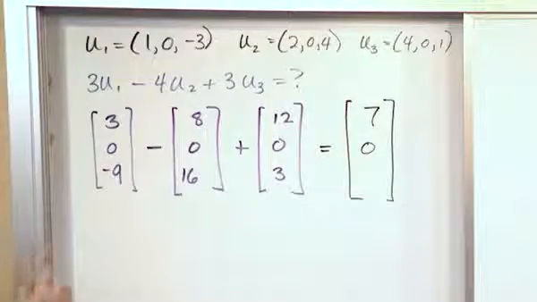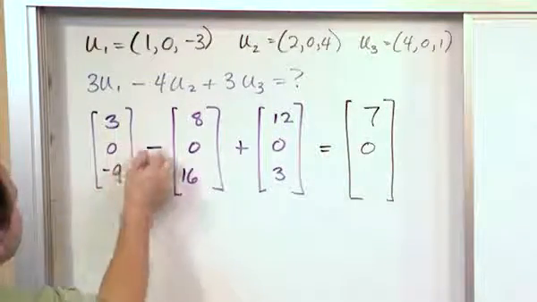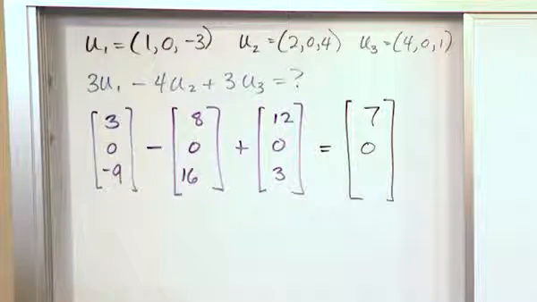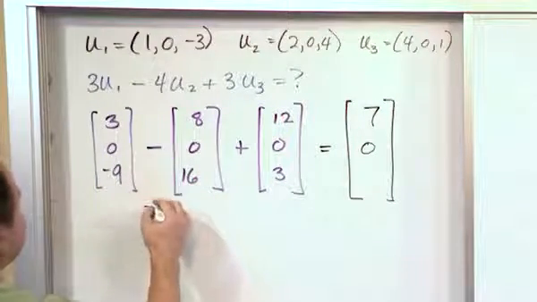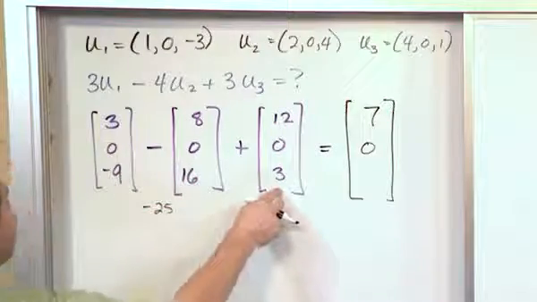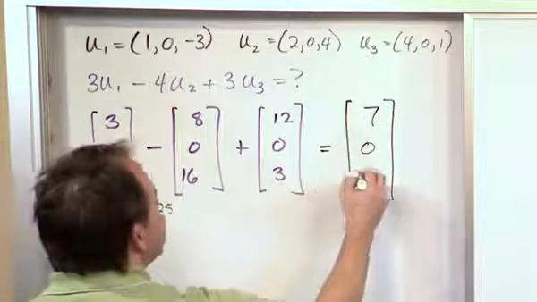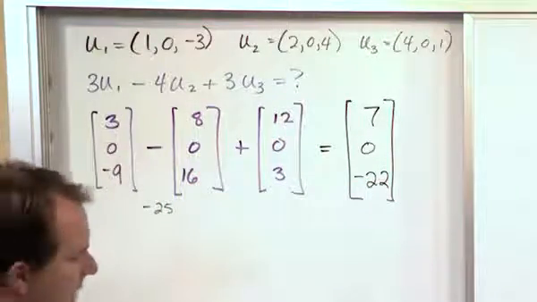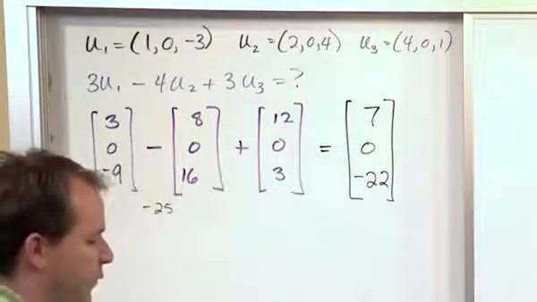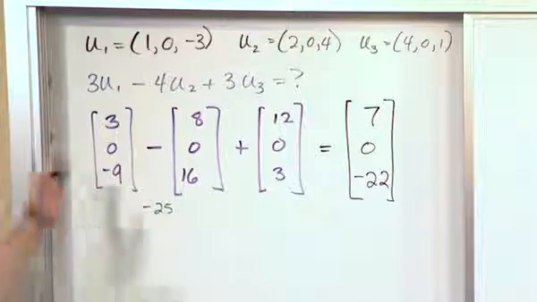Now you have to be careful: -9 minus 16 gives you -25, but then you're adding 3 to it, so you'll get -22. So the column vector, or n-tuple, that you get is 7, 0, -22.